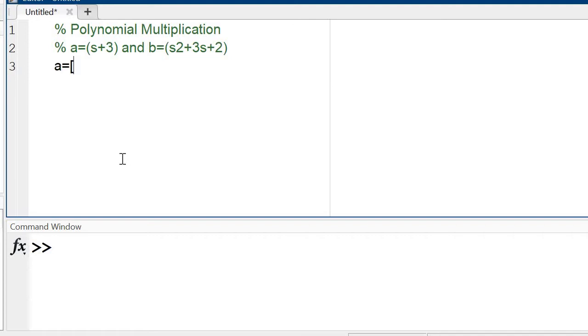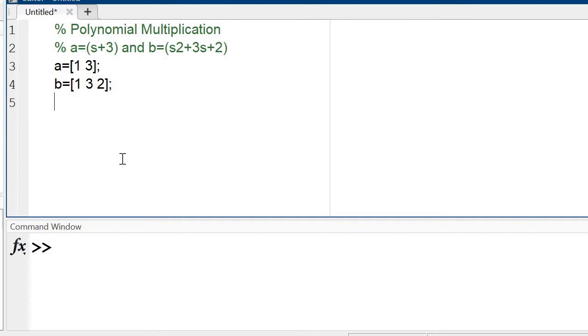A is equal to bracket, the coefficient of s is 1, then after that 3, close this bracket and semicolon. B is equal to bracket, the coefficient of s square is 1, then 3, then 2. Space is a must.